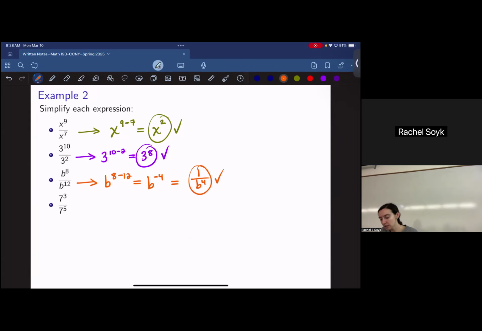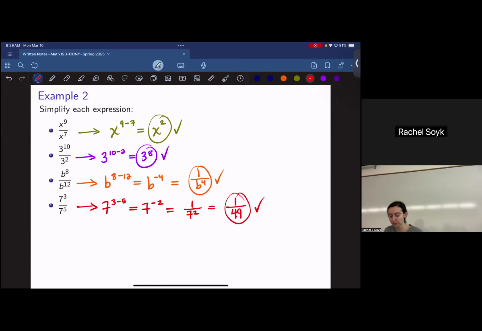And then the last example, 7 to the 3 minus 5. What's 3 minus 5? Negative 2, which is the same as 1 over 7 to the positive 2. Good. Which is the same as what's 7 to the second power? 49. Well done.